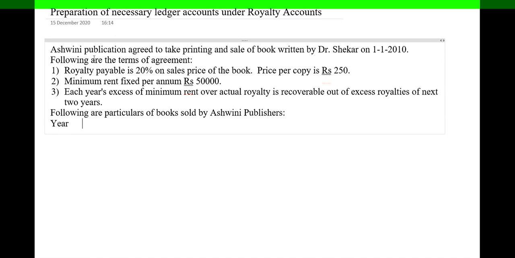Year, copies sold: 2010, 400; 2011, 750; 2012, 1000; 2013, 3000; 2014, 4,500.